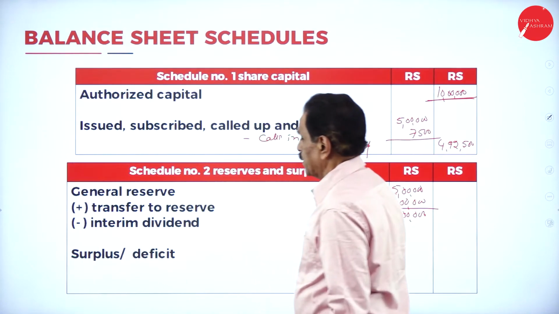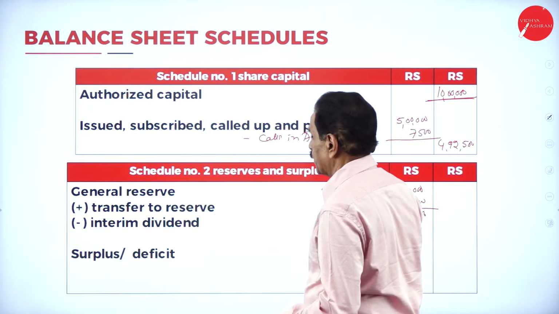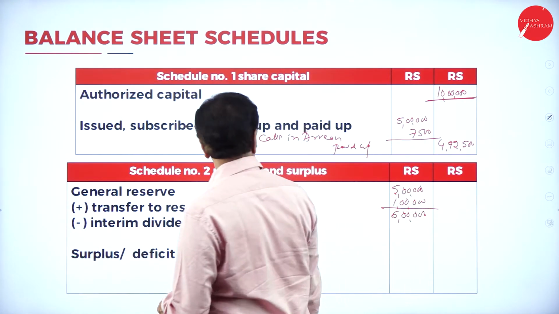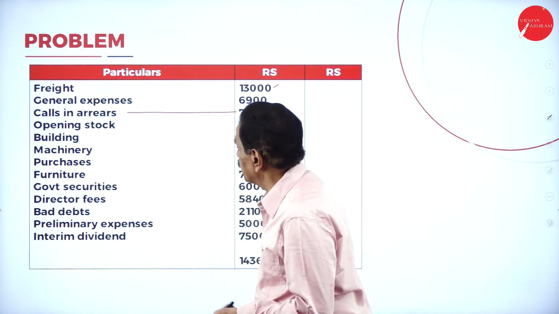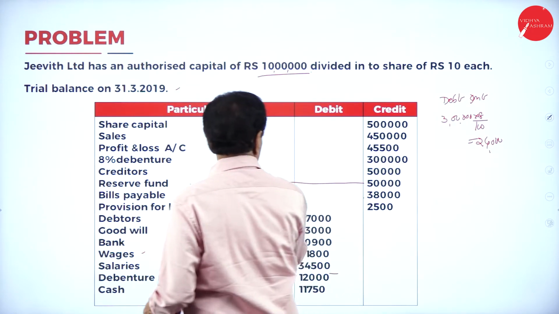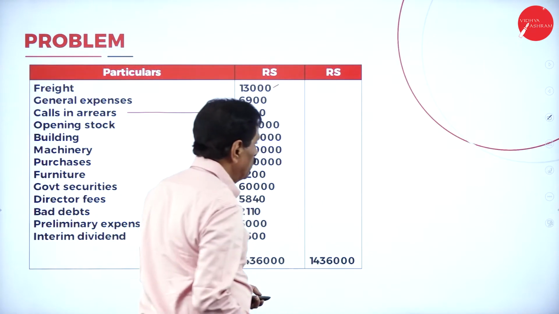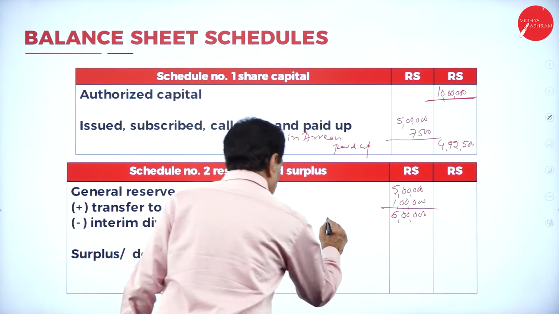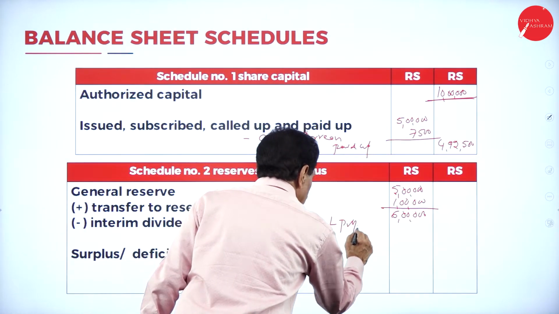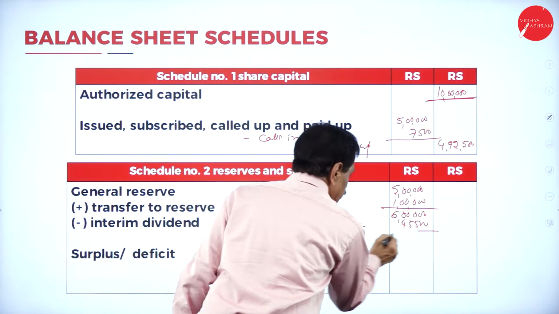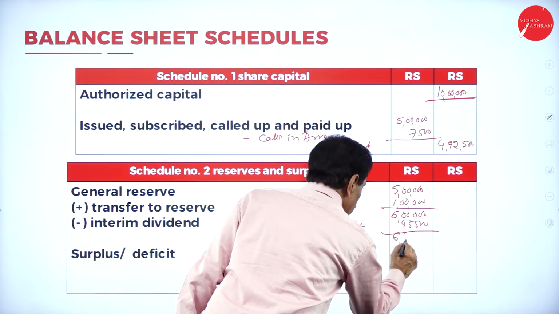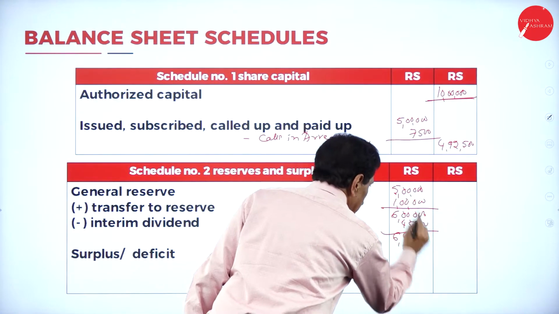Then profit of the year minus interim dividend. 6 lakh is there, plus profit of the year. What's your profit and loss account? 45,500 plus profit. 45,500. 6 lakh 45,500.